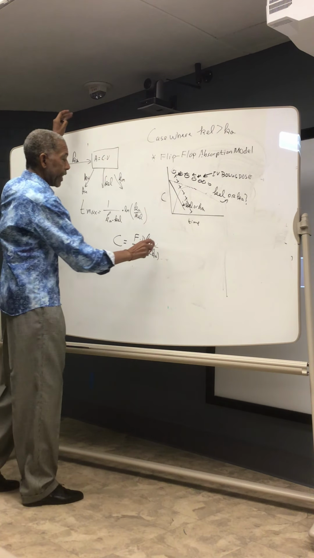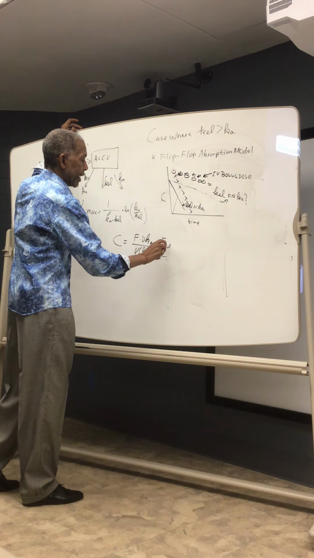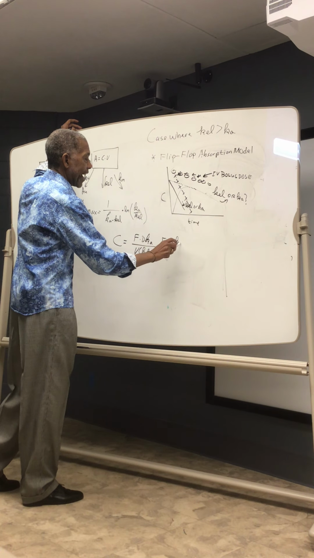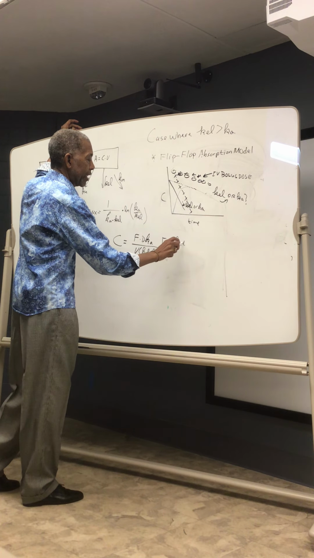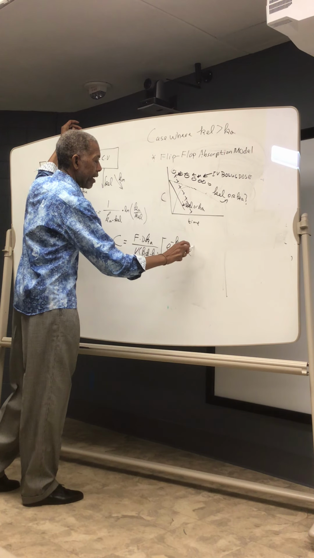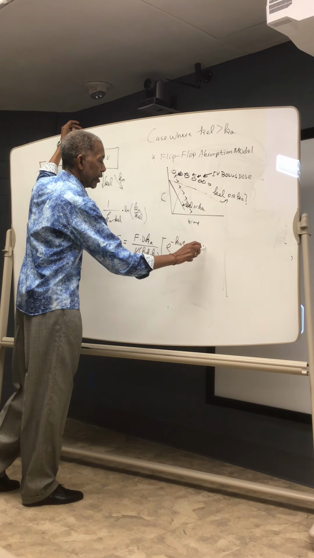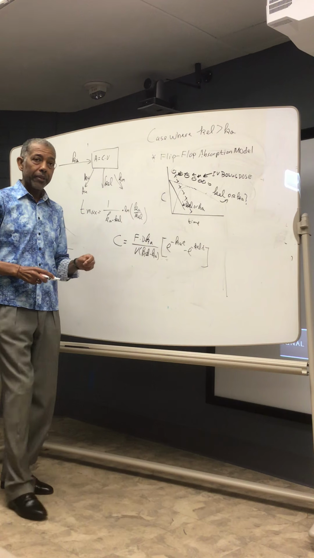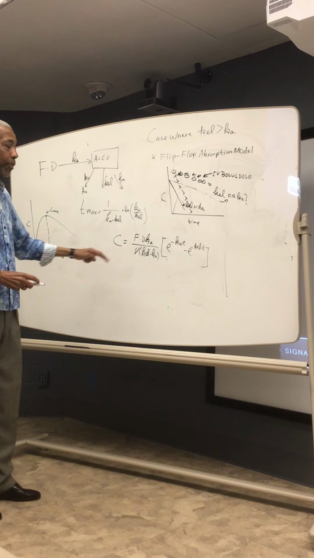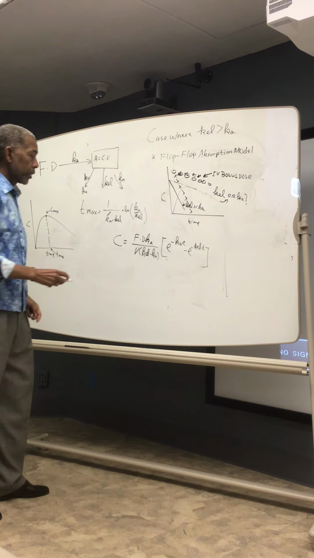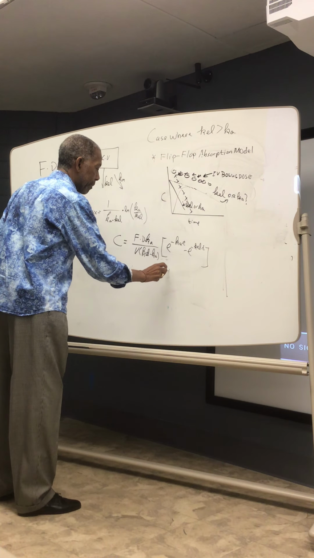And then that's all times e to the power negative KA times T minus e to the power negative KEL times T. So notice those two exponential terms have changed positions too.